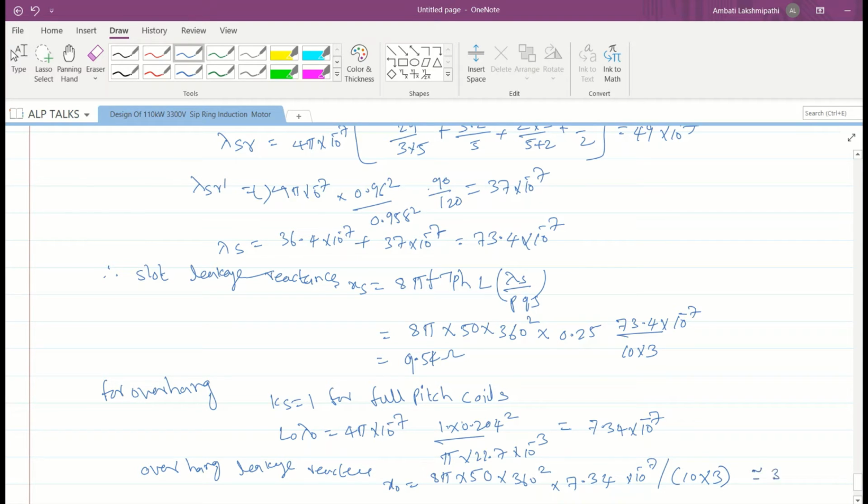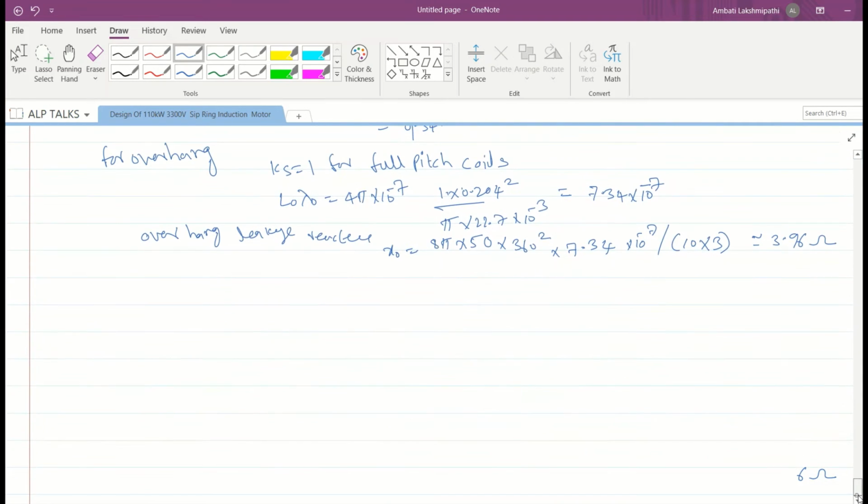We will get this value as 3.96 ohms. Next, the magnetizing reactance, let's calculate that.